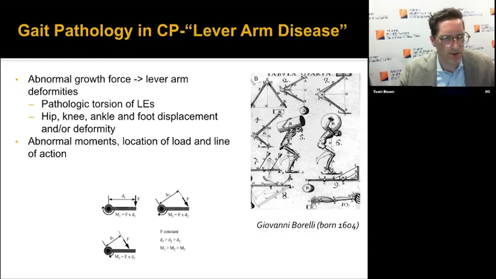So if you have forces that are applied at a shorter distance, this will decrease the moment. If you have forces that are applied at an angle, this will decrease the moment as well. And so this will increase the energy expenditure of walking if any of these abnormalities exist.